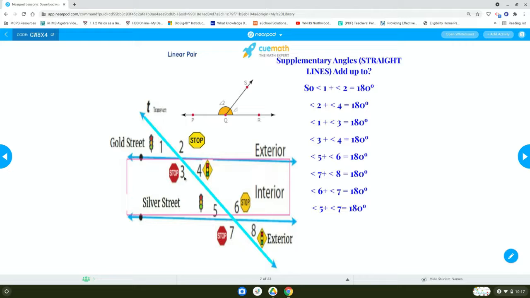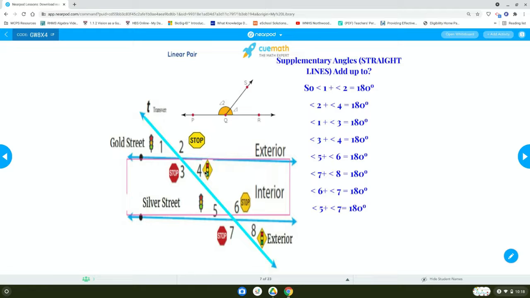Angle 2 and 4 also add up to 180 degrees. A stop sign and a traffic light. They're linear pairs. Also, angle 3 and 4 will add up to 180 degrees.